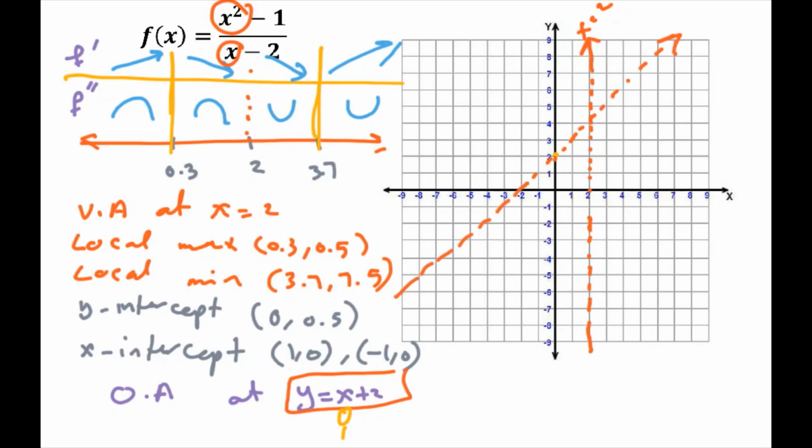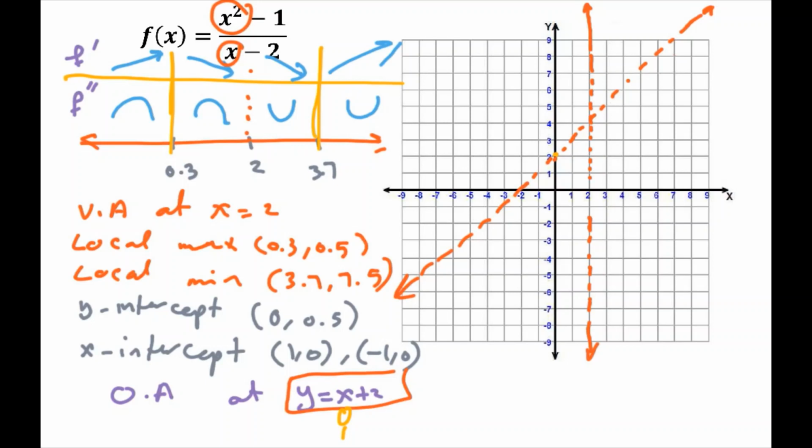Okay, so these are my asymptotes, oblique, and I'm going to extend these two lines. Now these are my asymptotes. Let me find 0.3 and 0.5. Oh no, sorry, my bad.